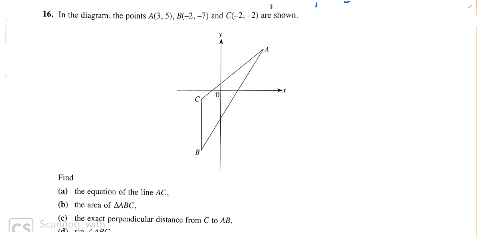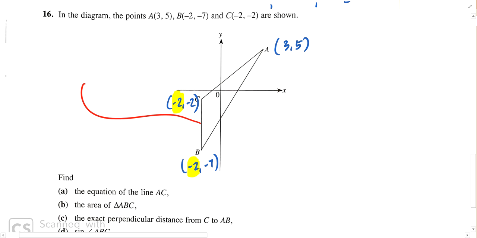And for our last question, point A (3, 5), point B (-2, -7), point C (-2, -2). So we notice that B and C have the same x coordinate, which means that the line BC over here is a vertical line with the equation x equals -2.